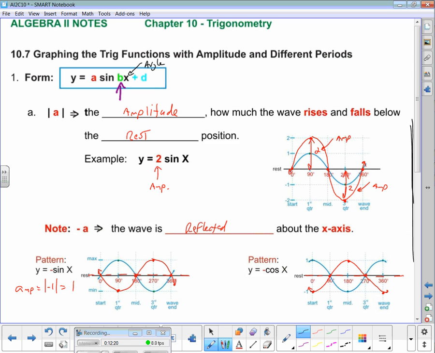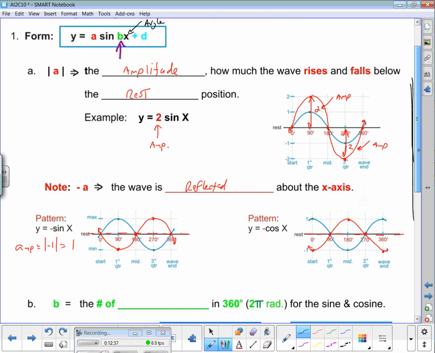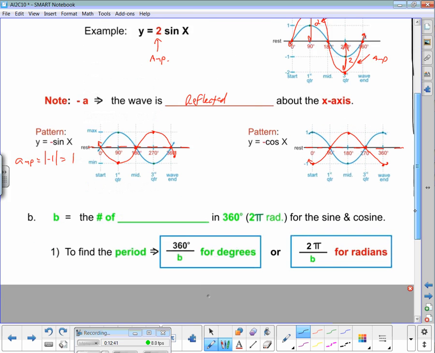That angle instead of X could be theta, right? Real common angle symbol, theta. Could be alpha, real common angle symbol, alpha. So it could be B theta or B alpha or whatever else. So it's the multiplier of the angle is what the B is.